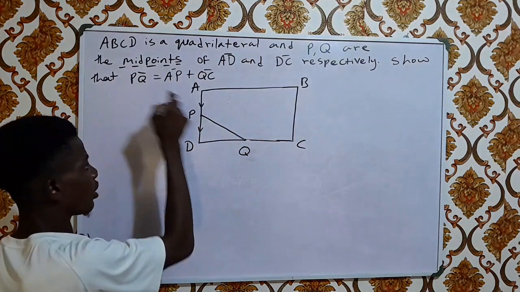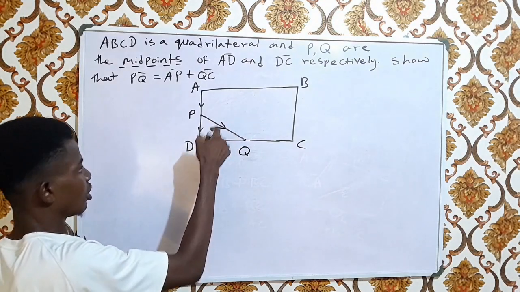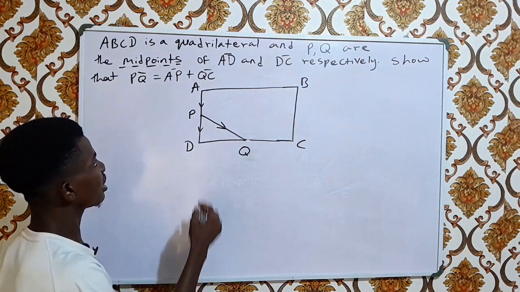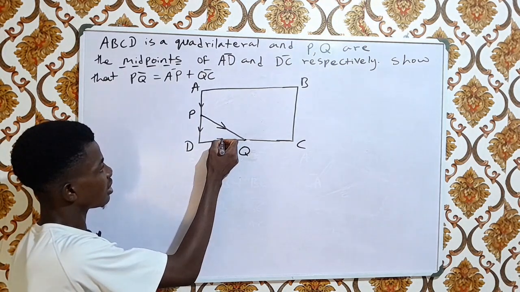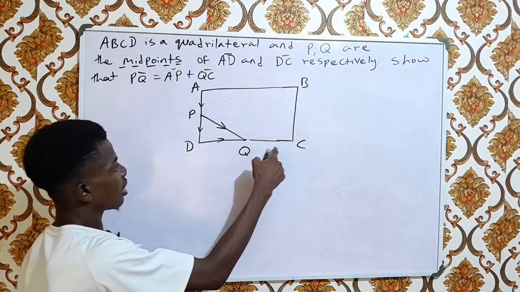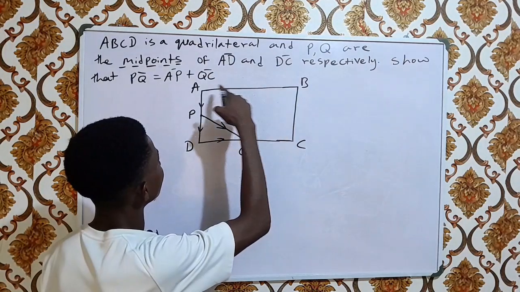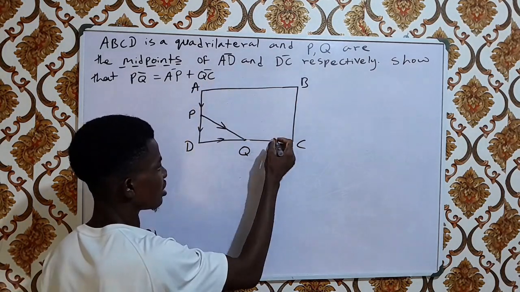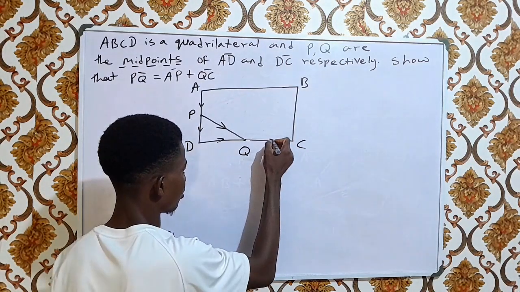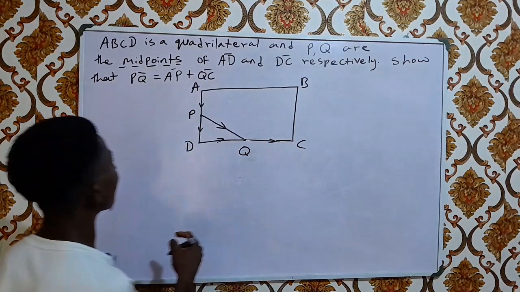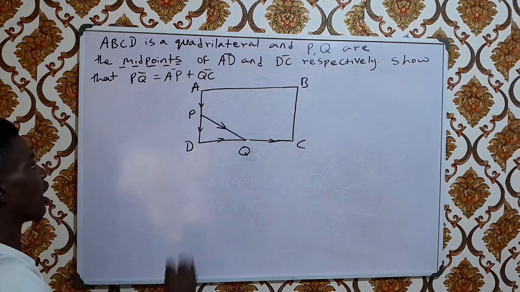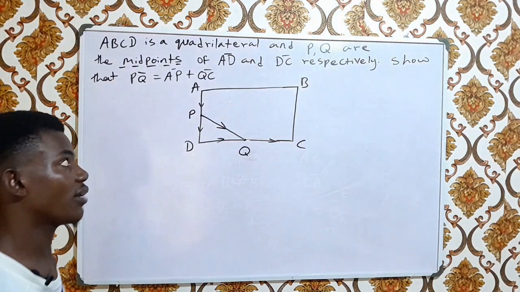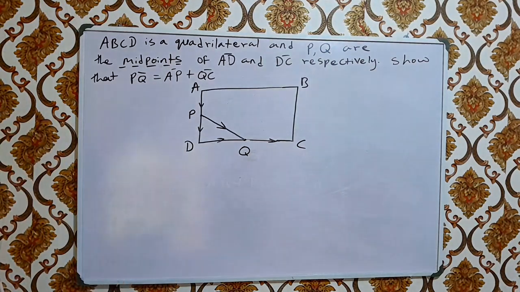Now, we said PQ here, which means P is going to Q. They mentioned DC here, and they also mentioned QC, so it's going like this also. Is there any other one? AP. So it's going like this. So we have defined everything we need to know.